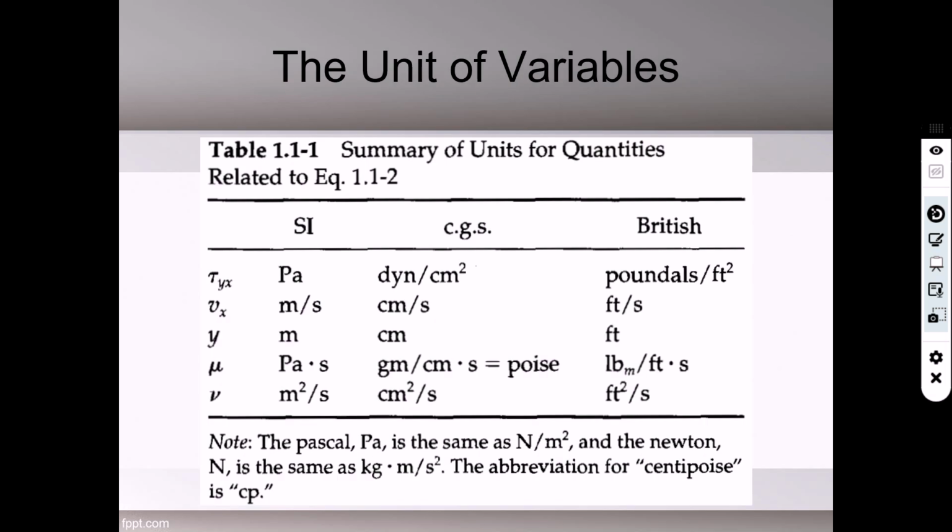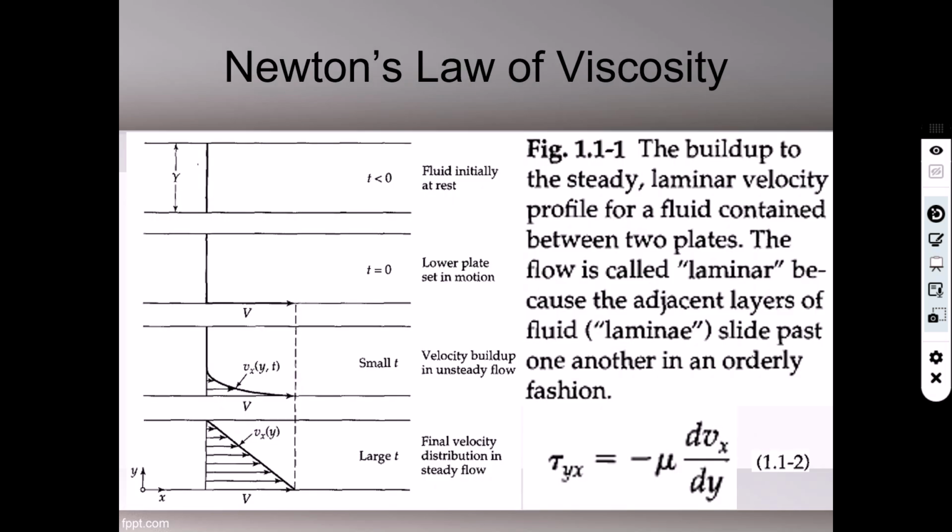So he tried to deal with this situation. You have two plates, one moves and the other does not. The example specified the velocity of the plate and the distance between the two plates, and the viscosity mu. So we know v, y and mu, and we want to calculate the shear stress. All right.